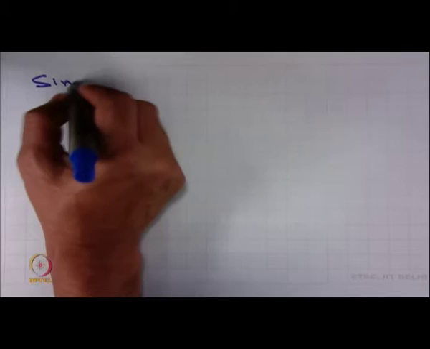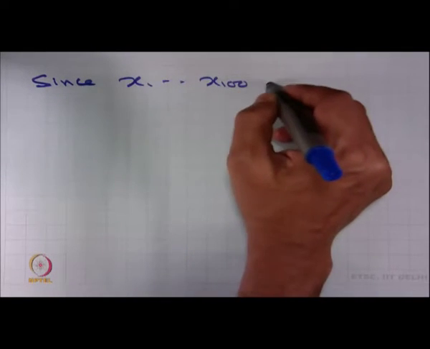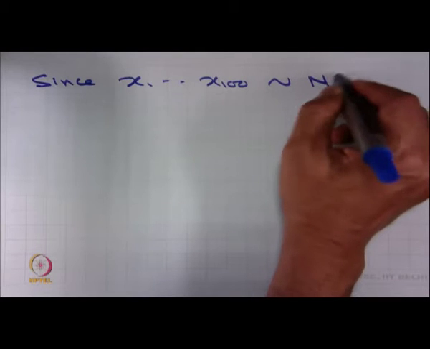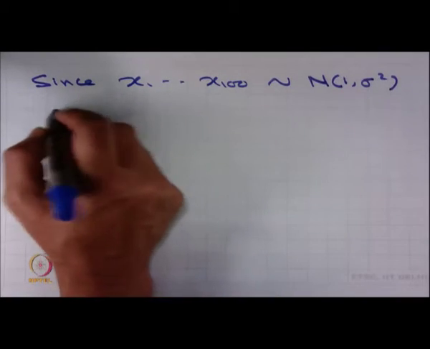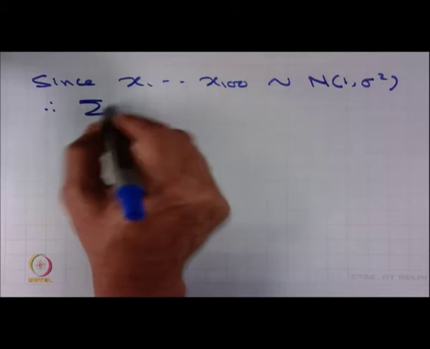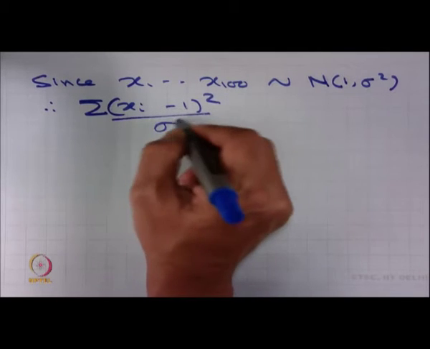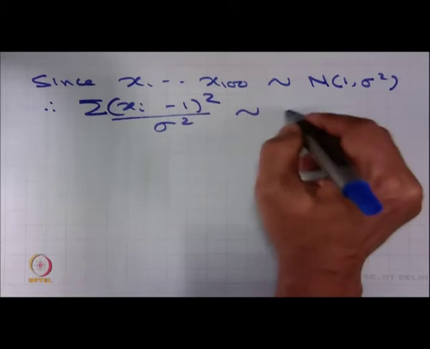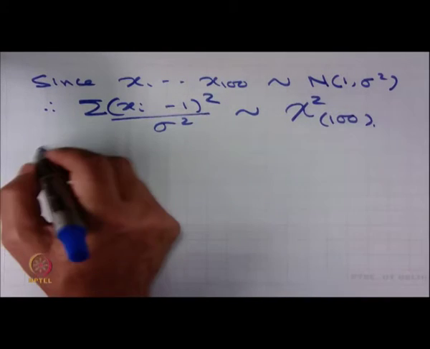Since x 1, x 2, up to x 100 are from normal with 1 comma sigma square, therefore sigma (x i minus 1) whole square upon sigma square is chi-square with 100 degrees of freedom.